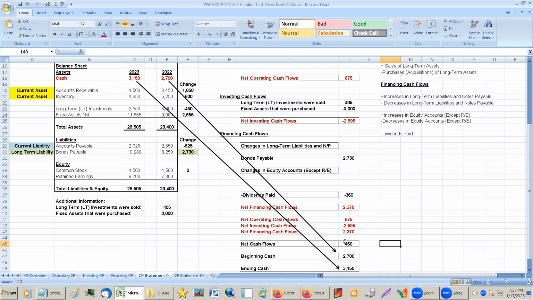So this net cash flows is for all three parts of the statement of cash flows, and then this will give us our net cash flows for the period. And we take the beginning balance, the December 31st, 2022 will become the January 1st, 2023. So that's the beginning balance, and then this is the ending.